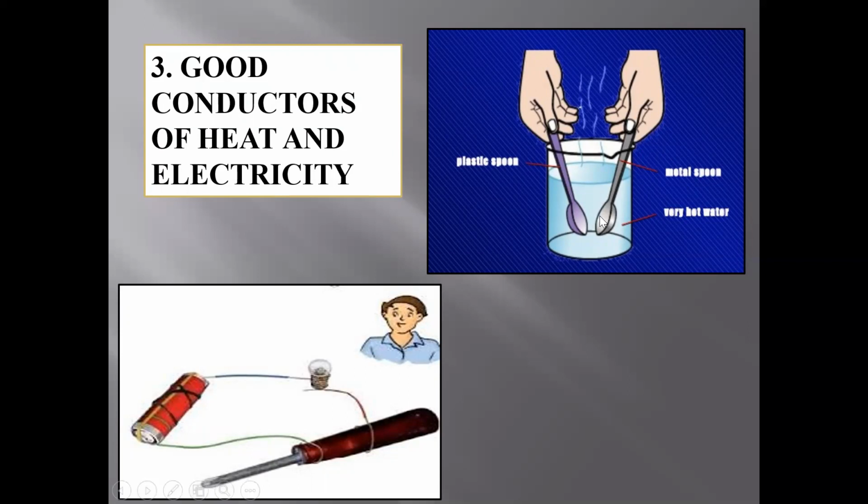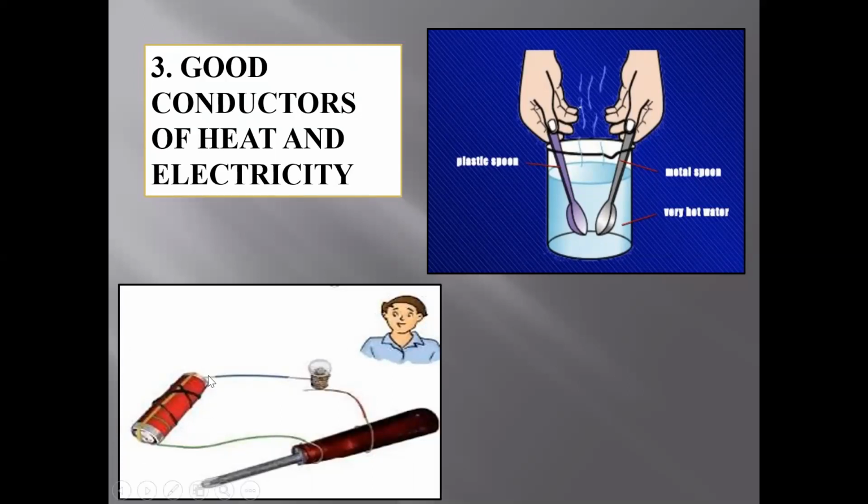So from here we can conclude that metals are very good conductors of heat. Therefore, when you dip the spoons inside, the plastic spoon remains as it is, but the metal spoon becomes hot.